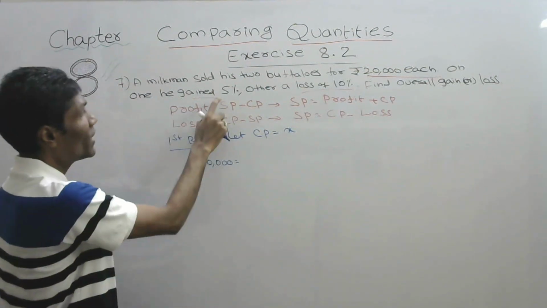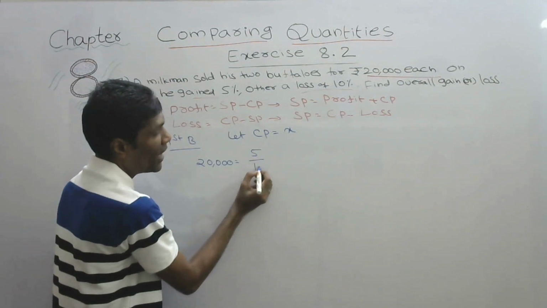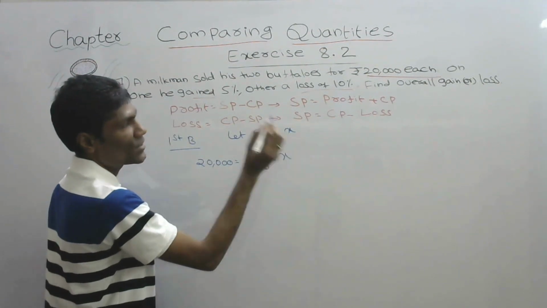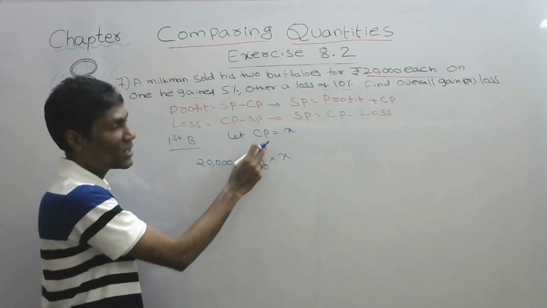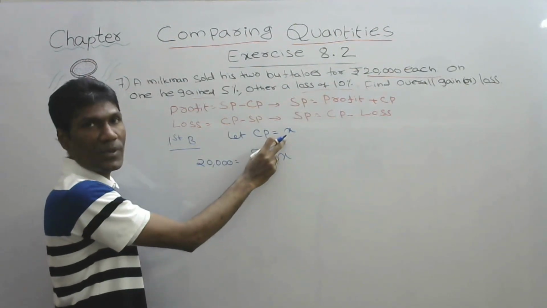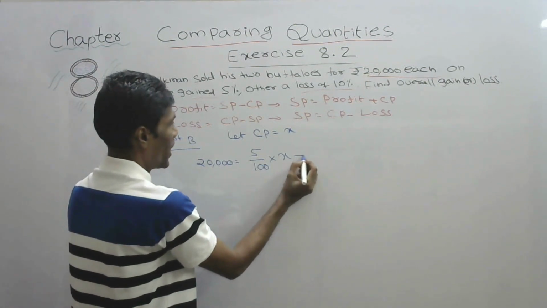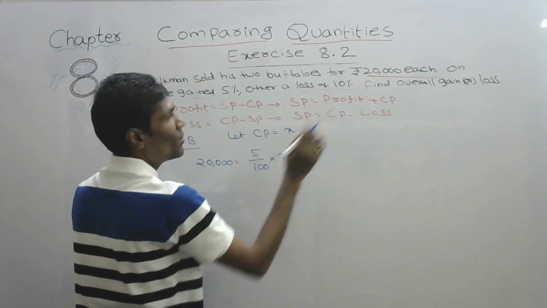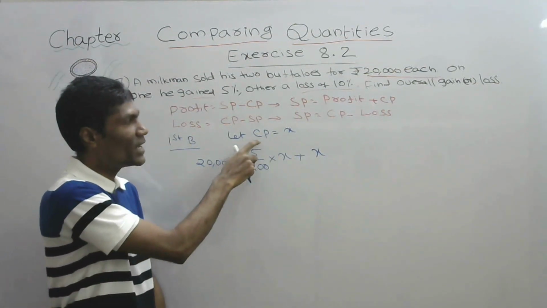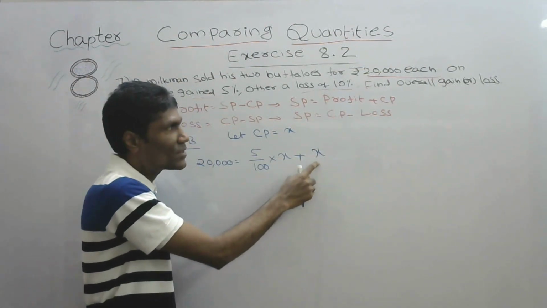What is profit? 5%. So 5 by 100 of X, 5% of CP. So 5 by 100 into X plus CP. What is CP? X. We have taken CP as X. So instead of CP, we are writing X.